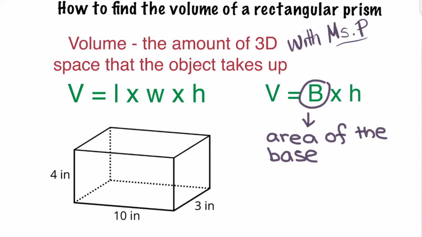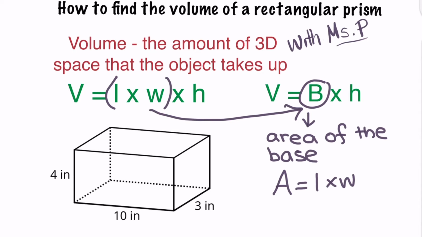And if you remember, the area of a two-dimensional object is just the length times the width. So you see, length times width times height is the same thing as base times height, because length times width is the same thing as base.